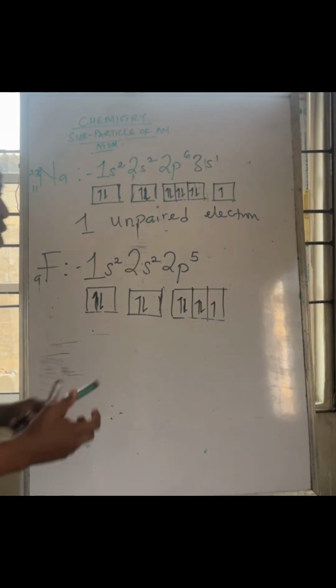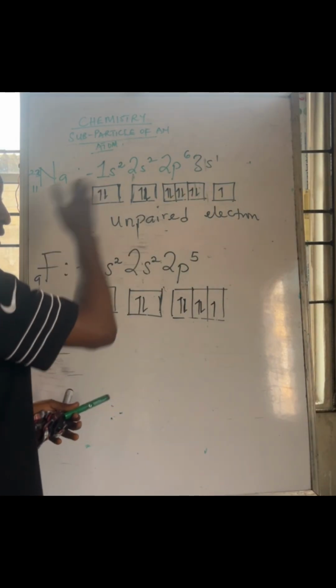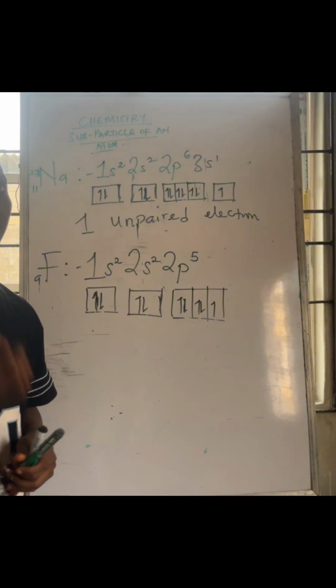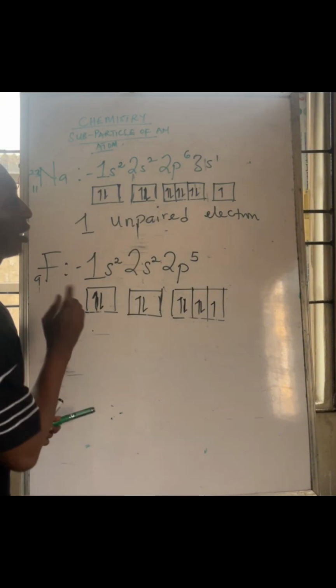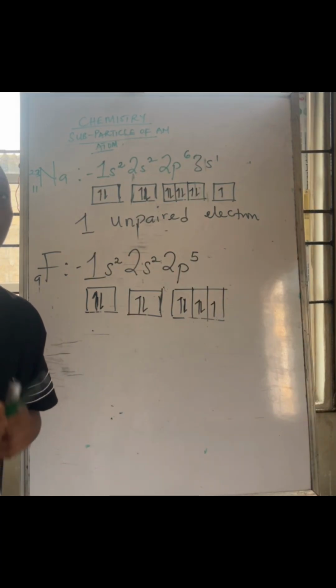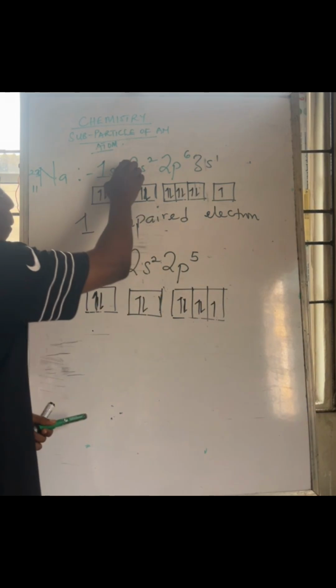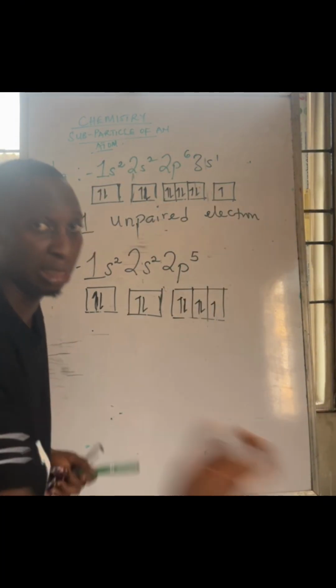There is a faster way to getting the number of unpaired other than writing all of this. But all that's needed is to understand. So shall we go? What you should be on the lookout for is which orbital is not completely filled.